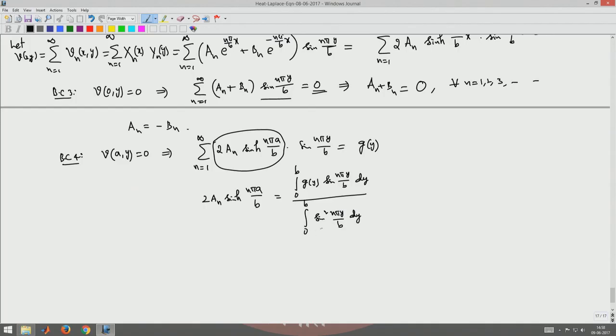You can see that sine square will be (1 minus cos(2 n pi y by b)) by 2, and if you apply it, you will see that it is going to be b by 2.